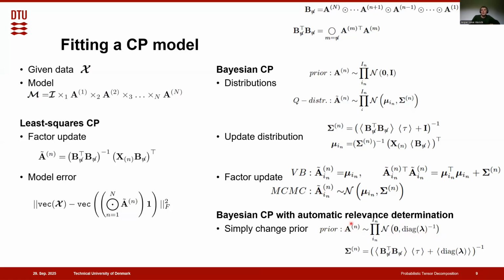So we change our prior on A to say, well, there should be some diagonal precision that we can tune. So we have to learn this lambda. And then we simply get this update here. So it's a very small change to the update. It's only really that the identity becomes a diagonal matrix, and otherwise everything is the same. So a simple change that is very powerful, and I will show why later with some results.